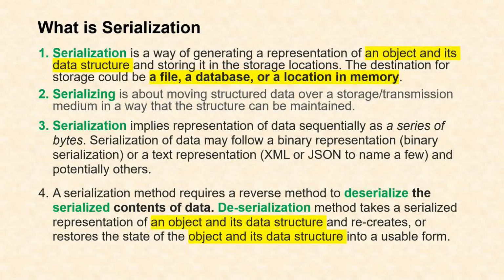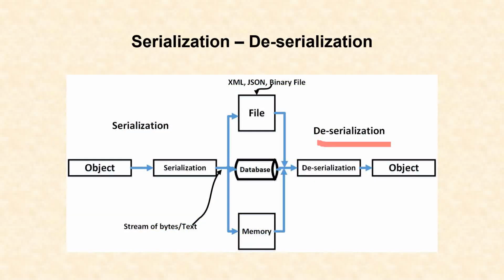Serialization requires a reverse method, that is deserialization. The deserialization method takes the serialized data and reconstructs a user readable form along with its structure. Serialization and deserialization can be depicted using this schematic diagram.